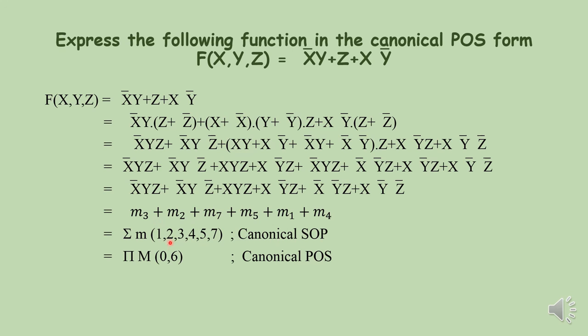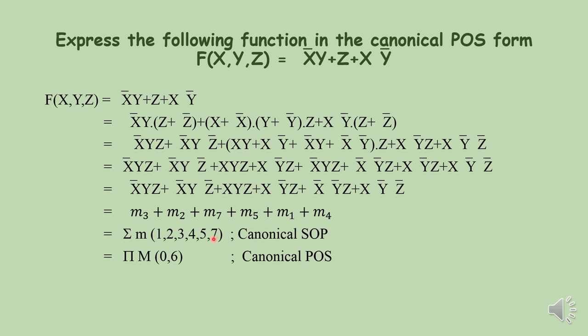These missing 0 and 6 are max terms. When we consider 3 variables x, y, z, there are a total of 8 combinations, 0 to 7. In 0 to 7, the min terms for the canonical SOP form are 1, 2, 3, 4, 5 and 7.